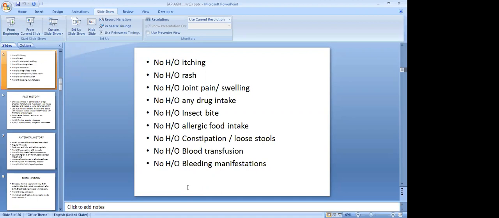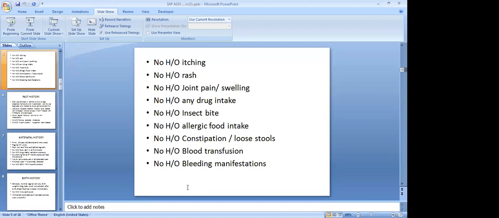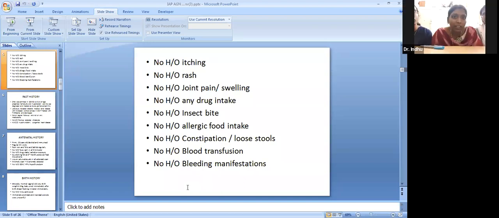Yes, very good. So, what history did you ask specifically to think about Henoch-Schönlein? How did you ask the mother and rule out Henoch-Schönlein in this child? Any history of abdomen pain, small petechiae over lower extremities.